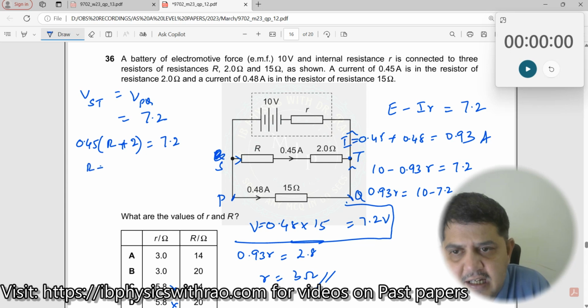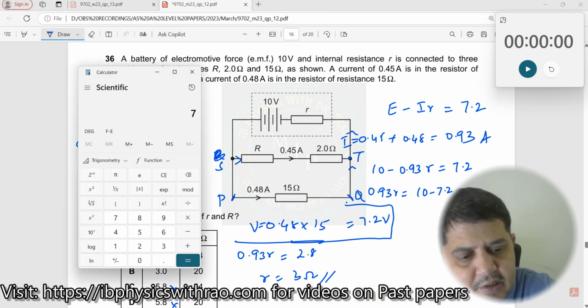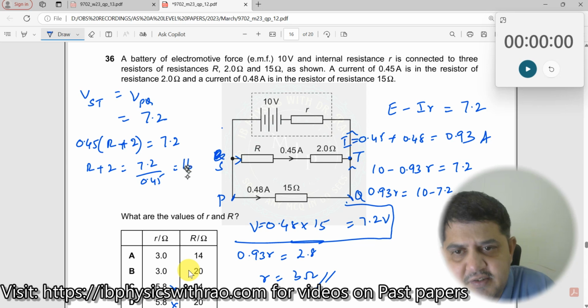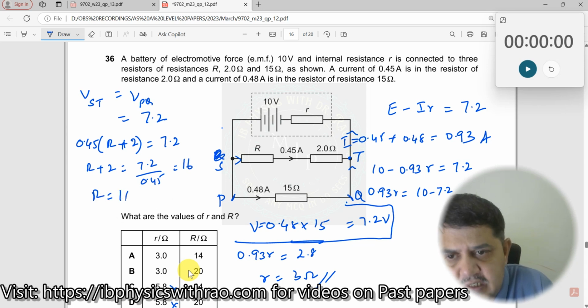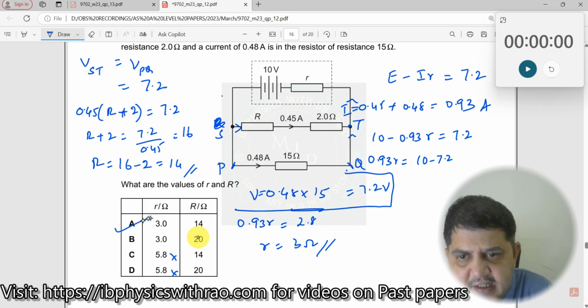Therefore R plus 2 should be equal to 7.2 divided by 0.45. How much will this be? Let us calculate this. 7.2 divided by 0.45 will give you 16. So R should be 16 minus 2, which is equal to 14 ohms. So 3 ohms and 14 ohms. Where is it? 3 ohms and 14 ohms. Answer is here. Okay.